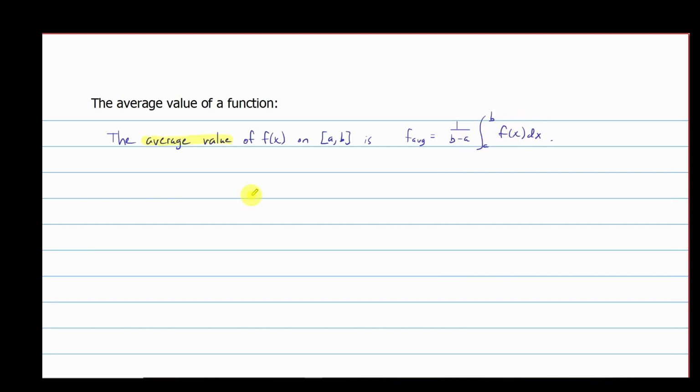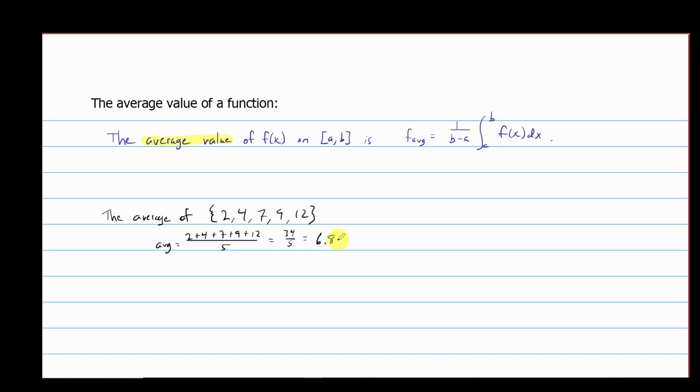So what I'd like to do is maybe give you an intuitive sense for what we're talking about here. If I want to find the average of a set of numbers, say 2, 4, 7, 9, 12, the way that I get that average is by adding up all the numbers and then dividing by how many of them I have.